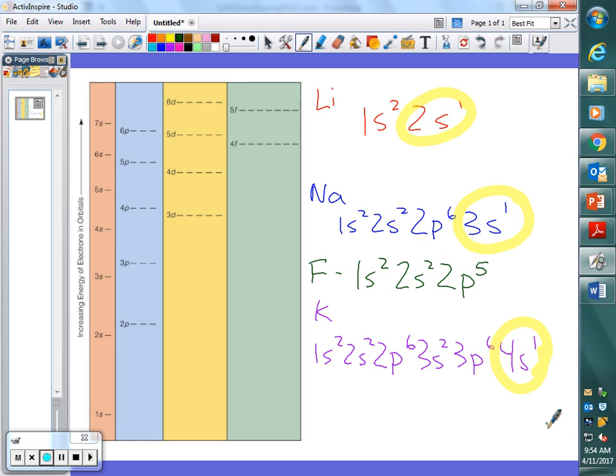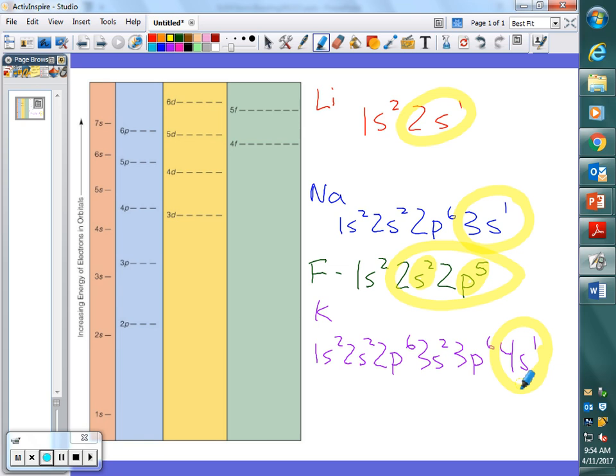What's the highest energy level that we have written up there? The second energy level. How many electrons are in that second energy level? There are 7. Some of them are in the s orbital, some of them are in p orbitals, but they're all in the second energy level.